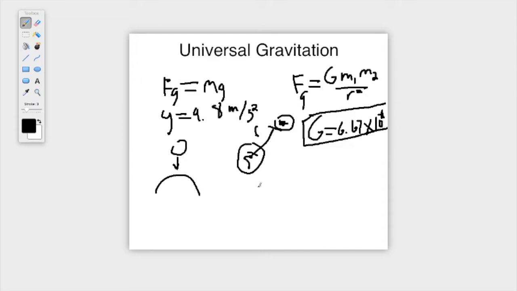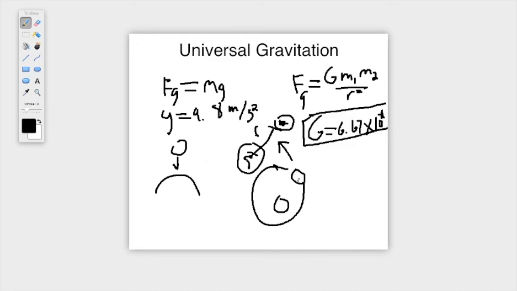Recall that orbits move in a circular path, right? Like this. Because it moves in a circular path, it must have a force keeping it from moving in one direction. Therefore, it must have some sort of centripetal force.